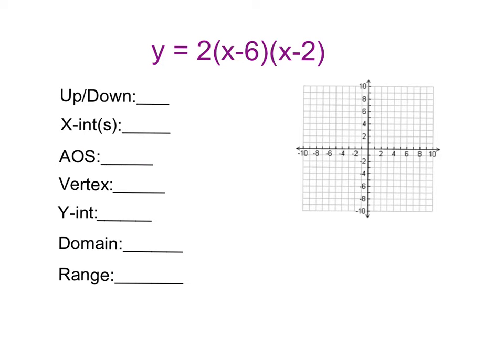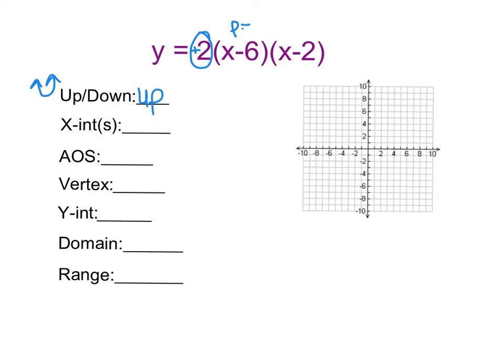So here I notice that based on how this equation is written, it is in intercept form. As a result, I know that I'm going to start by determining whether or not the graph is going to open up or down. This positive a value tells me that my graph is going to open up, so I expect to see it look like a U. Then from here, I know that the values of P and Q help me to find my x-intercepts, and it's the opposite of whatever P and Q are.